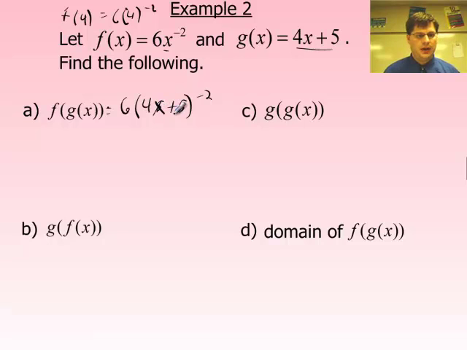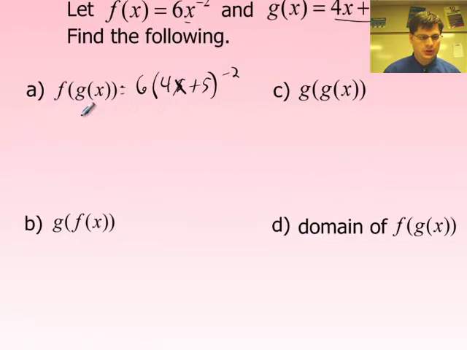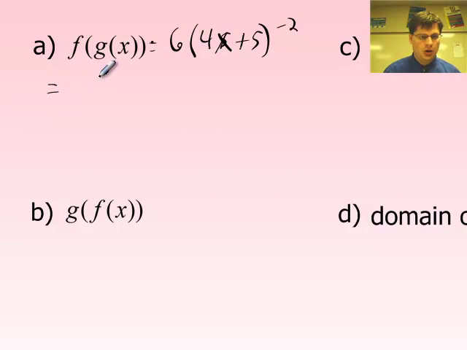Now we'll simplify this. Since this is all to the negative 2 power, this part drops into the denominator. So this would equal 6 over 4x plus 5 squared.